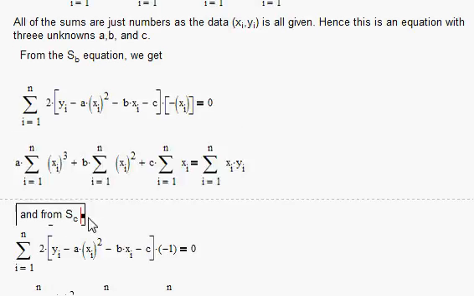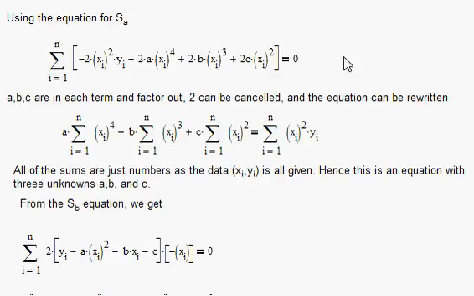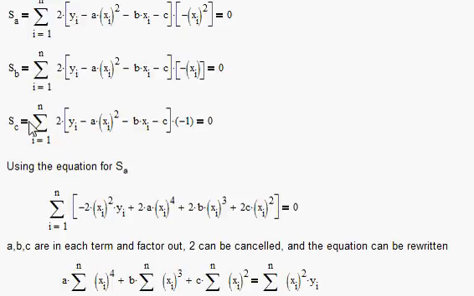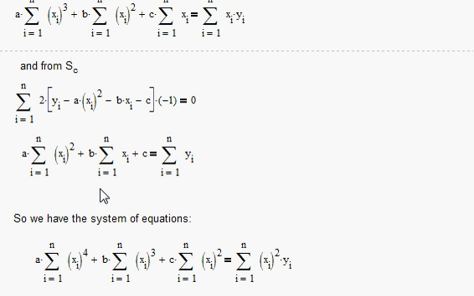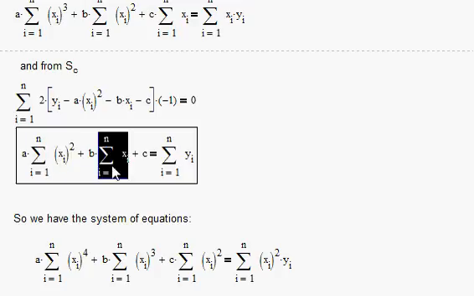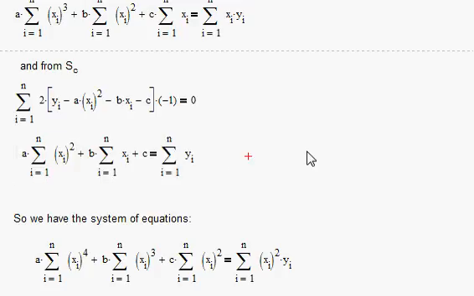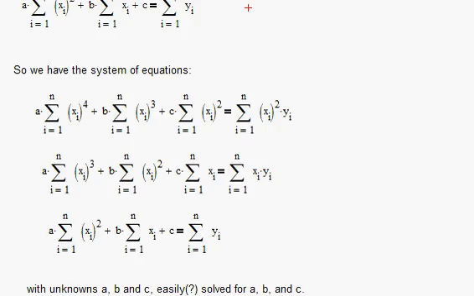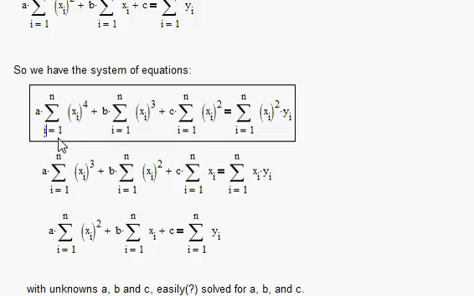And from the partial derivative with respect to c, that's this one, again with the factoring out of special numbers, we get a times this plus b times this plus c equals this. And again, we have this system of equations with unknowns a, b, and c.